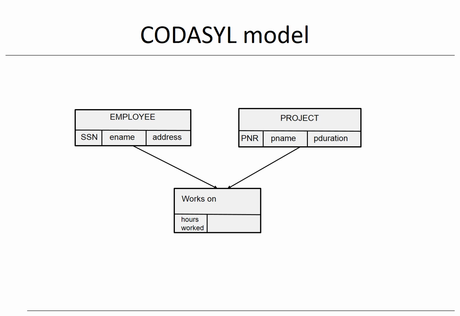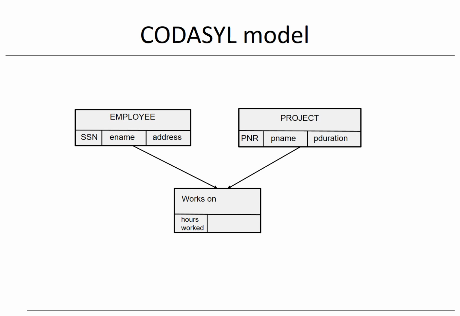Suppose we have an N-to-M relationship type between employee and project. In other words, an employee can work on 0 to m projects, whereas a project can be worked upon by 0 to n employees. We model this in CODASYL by introducing a dummy record type, works on, which also includes the attribute type of the relationship, hours worked, representing the number of hours an employee worked on a project.